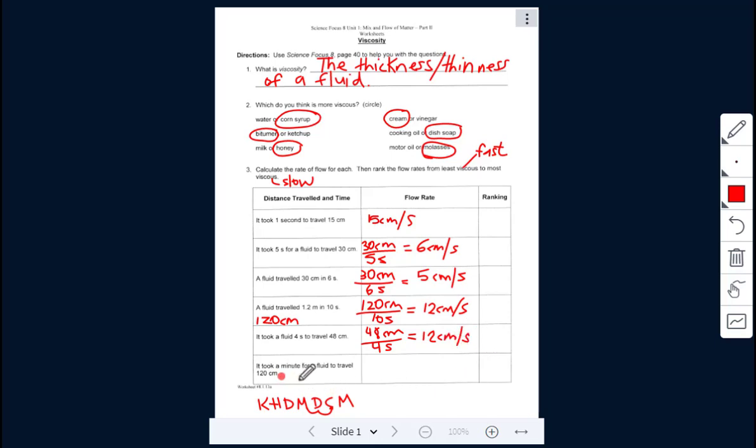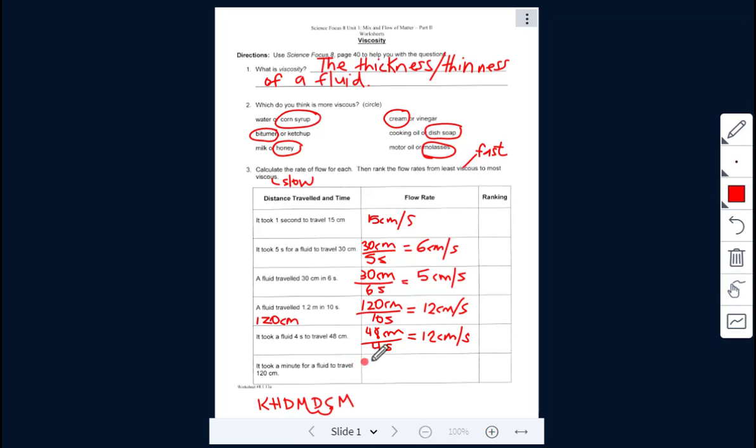And the last one, it says it took a minute for a fluid to travel 120 centimeters. So for our last one, it says it's in a minute, so we need to know it in seconds. So yes, it is 60 seconds in a minute.